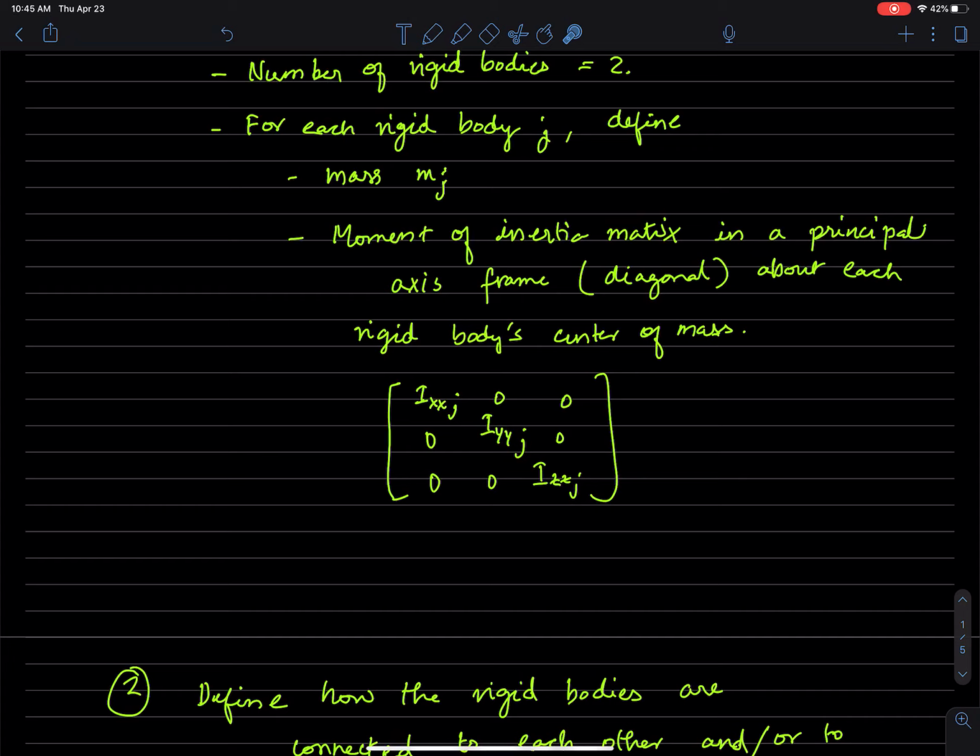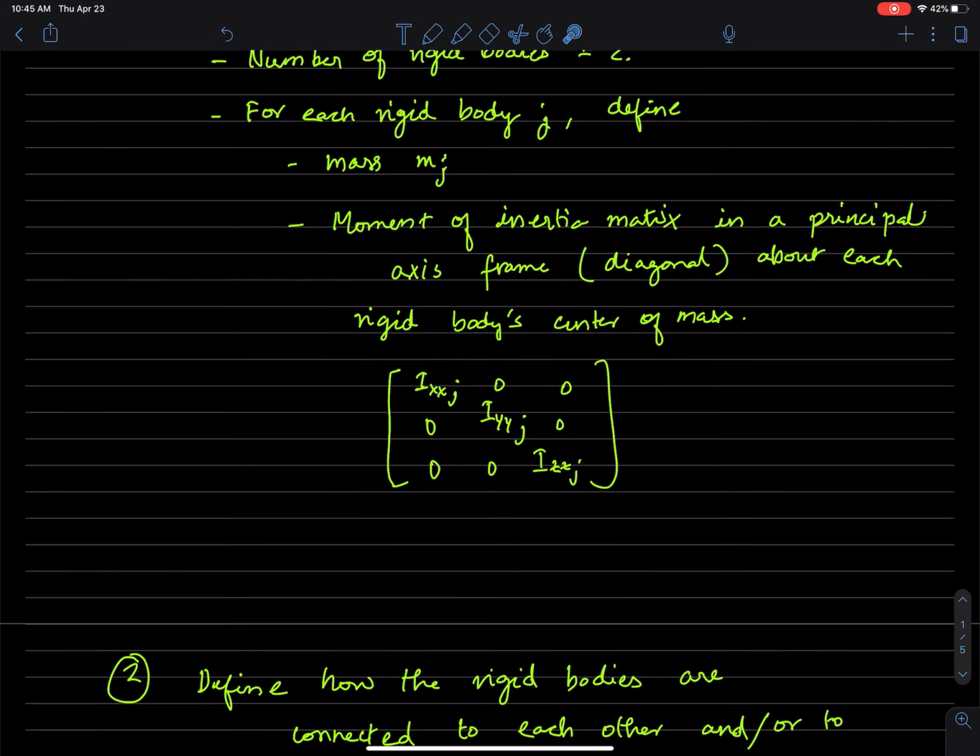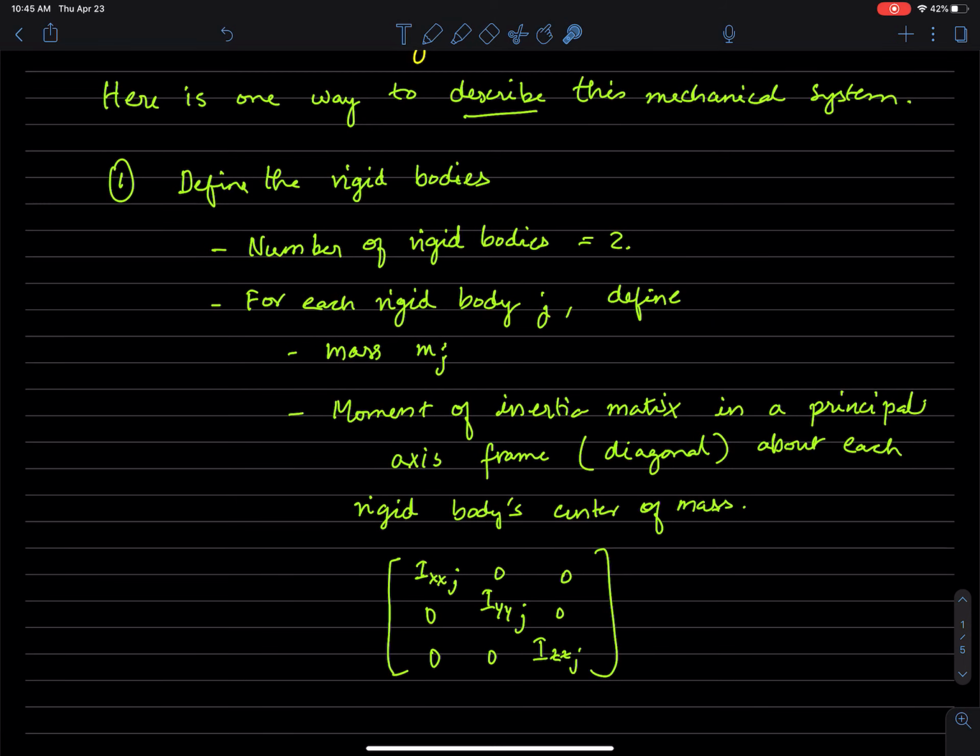Okay, so that's important. That's just a convenience thing. It's convenient to have a diagonal moment of inertia matrix, so we pick a body fixed frame that consists of principal axes, so that in that body fixed frame, the moment of inertia matrix is diagonal. Okay, so that's the first part: number of rigid bodies, mass, moment of inertia.